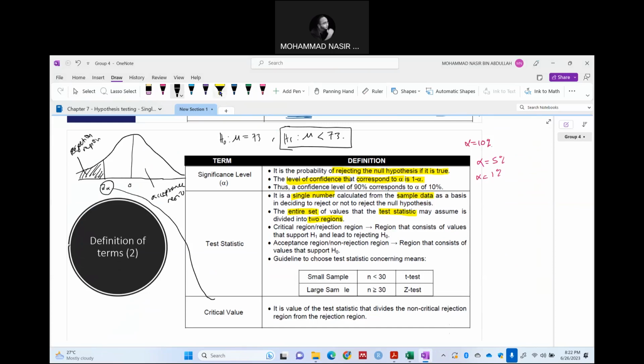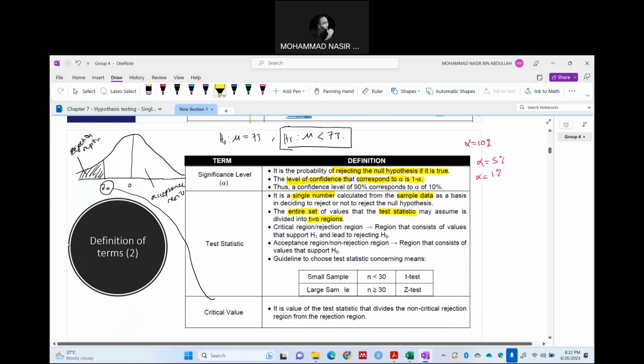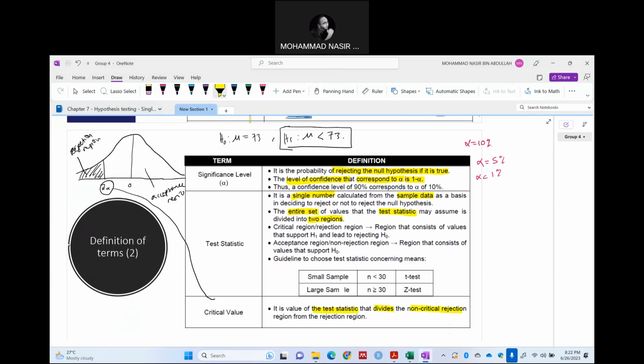So critical value is the value of test statistic that divides the non-rejection region from the rejection region, right? So if the test statistic that we already calculate here, so let's say we are using Z, x bar minus mu divided by sigma over square root of n. So let's say we got 2.15.